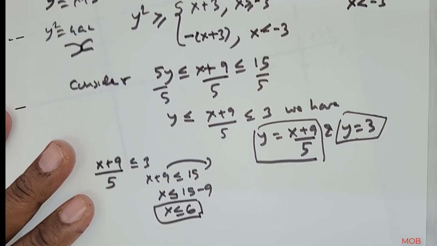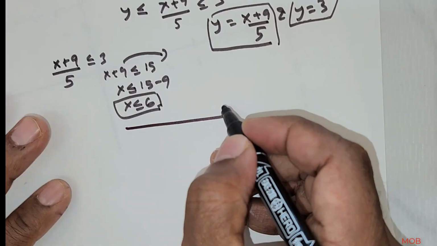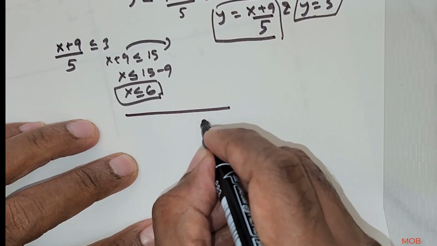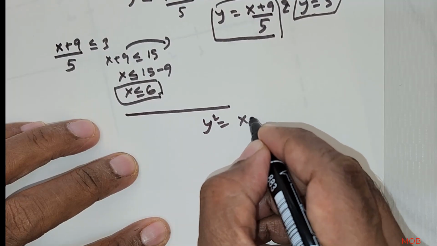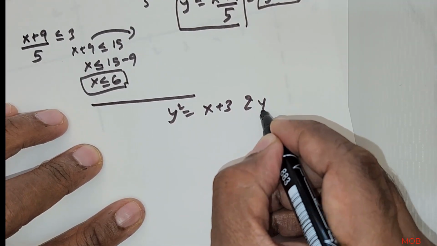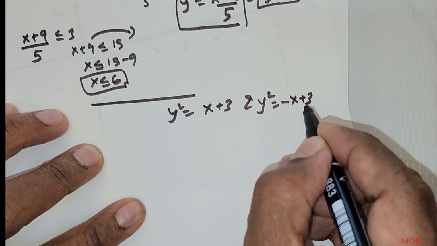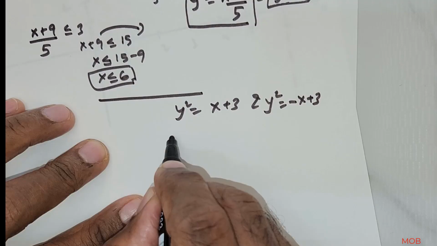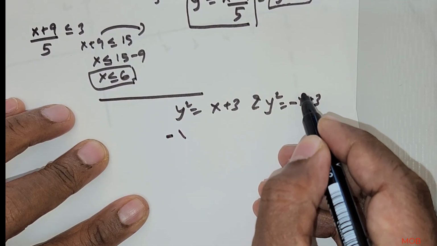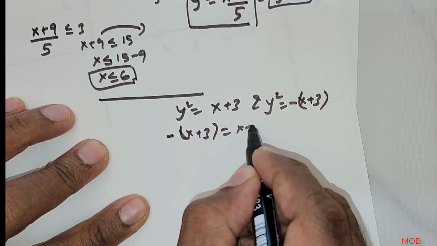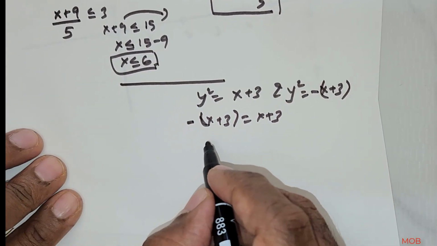Now what I need to do is find the common point of tangency between these two parabolas. So y squared is equal to x + 3 and y squared is equal to negative of (x + 3). So I'm equating these two. So negative of (x + 3) is equal to x + 3.